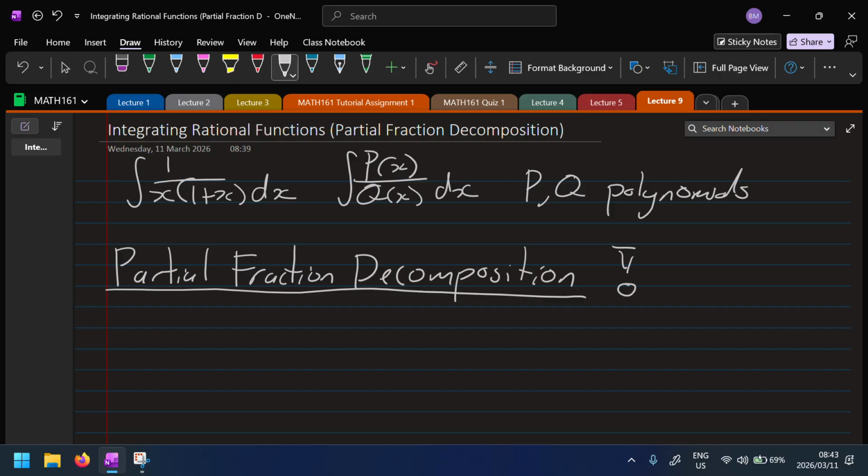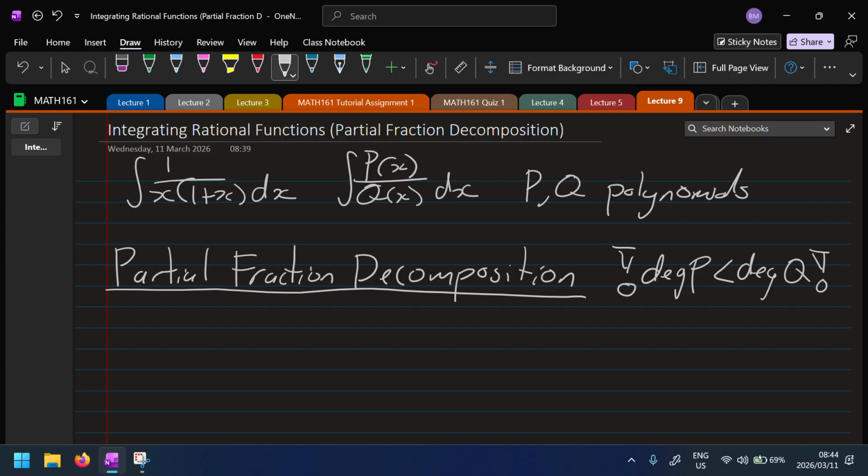These steps only work when the degree of the numerator, p, is less than the degree of the denominator, q. For example, a quadratic over a cubic, because then the degree of the top is 2 and the bottom is 3, and you can follow these steps. So it's like a step 0 type thing. We need to make sure that the degree of p is less than the degree of q.